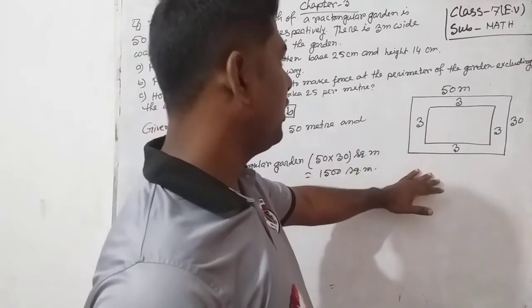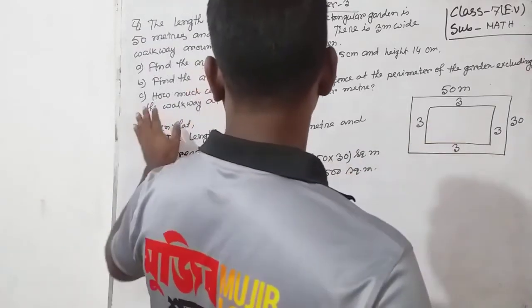Now we find out the length excluding the walkway.